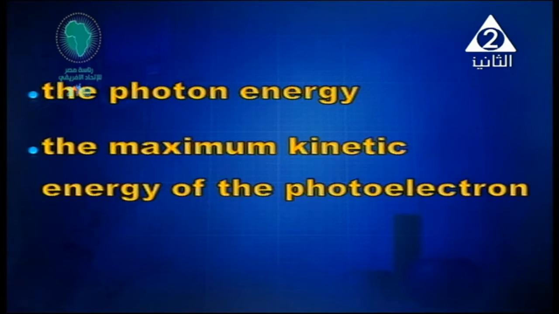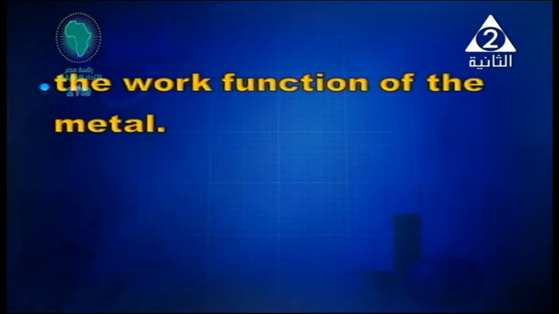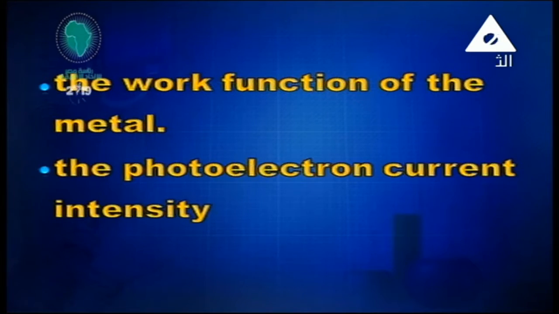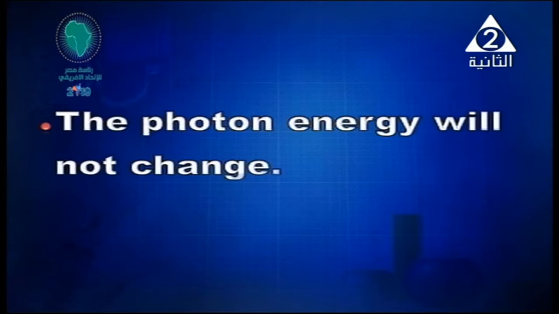The maximum kinetic energy of the photoelectron, the work function of the metal. And finally, the photoelectron current intensity, the intensity of the photoelectrons emitted. We'll take it one by one.